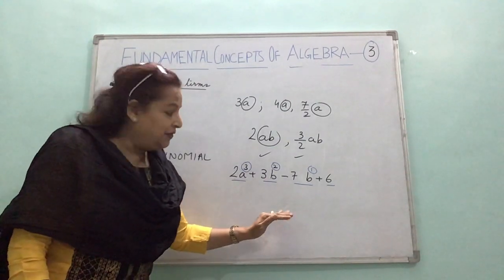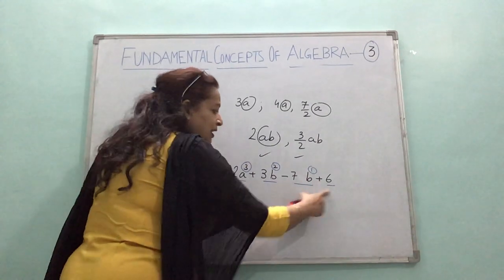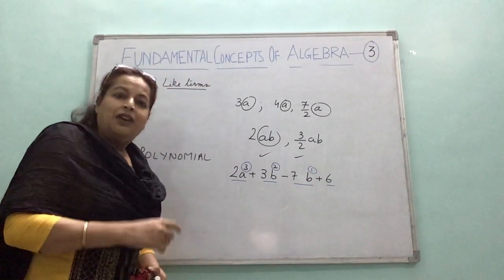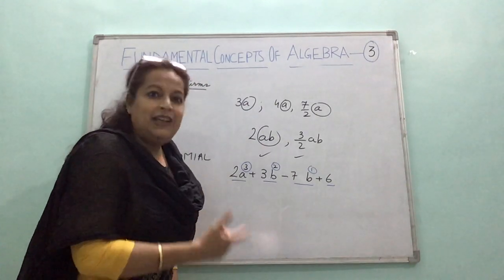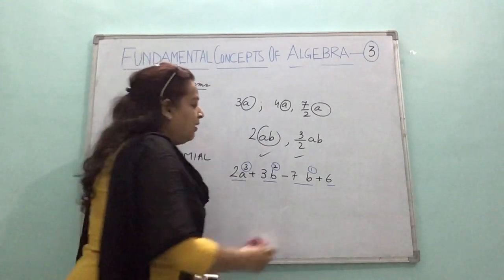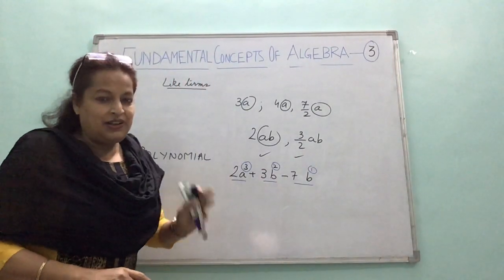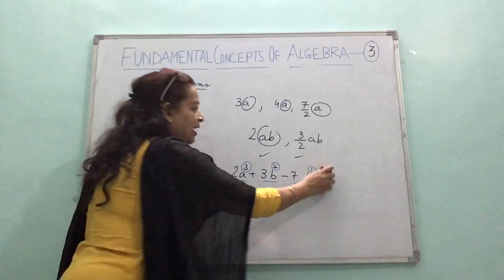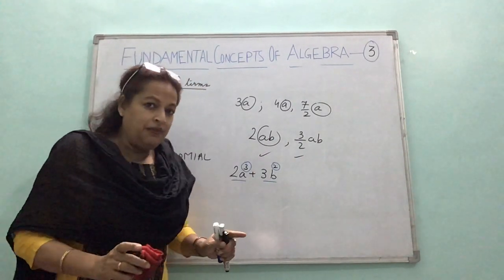Now do not get confused, that's what I want to say. Now this is a polynomial. And what type of polynomial? It is a multinomial, 4 terms. Now if I remove this, it is still a polynomial, but how many terms are there? 3 terms. Trinomial. It is also a polynomial. How do we decide a polynomial?